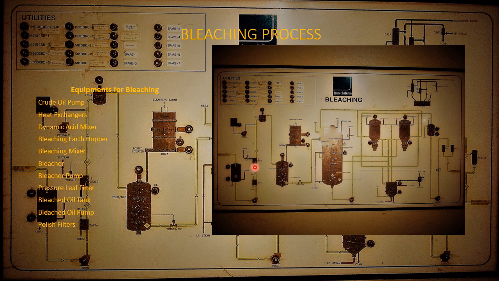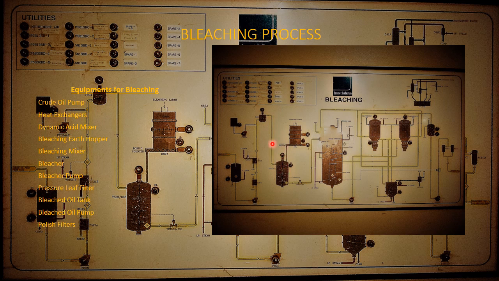This is to enable the oil gain some amount of heat before finally getting into the bleacher. Now, once the oil moves through the heat exchangers, it moves into the dynamic acid mixer. Now, from the dynamic acid mixer, it moves to the bleaching mixer.